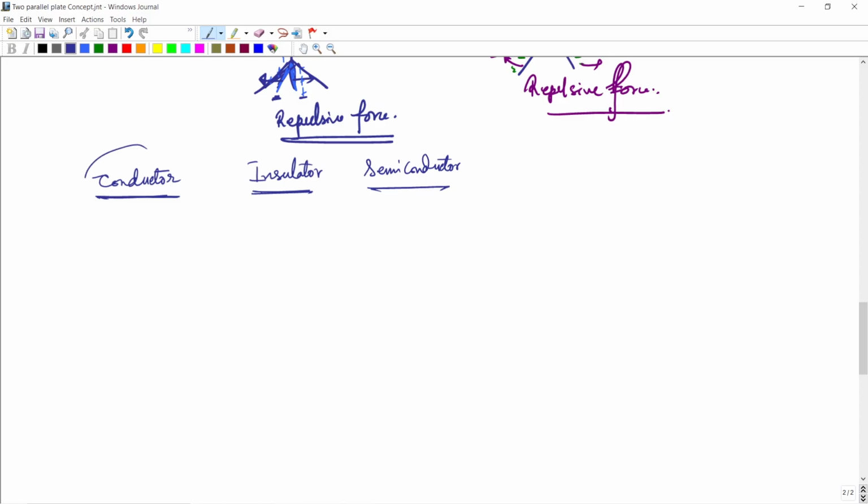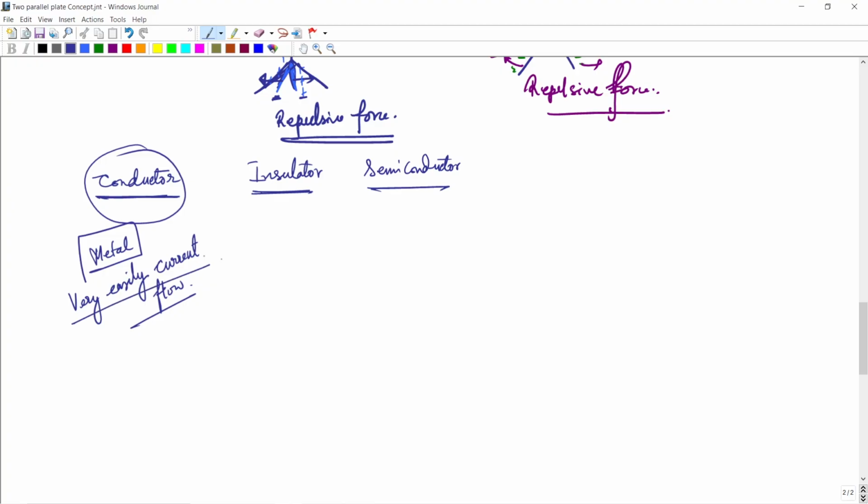Conductor means all metals are conductors. Take an example: all metals are good conductors, because current flows through a conductor very easily. Metals conduct, current flows very easily. That's why it's called a conductor.